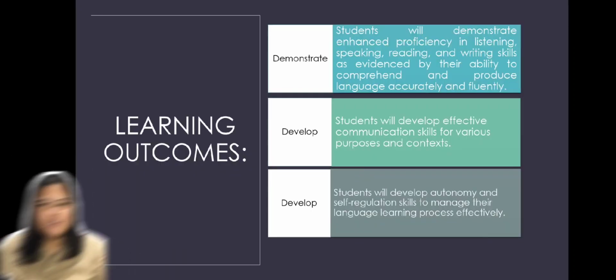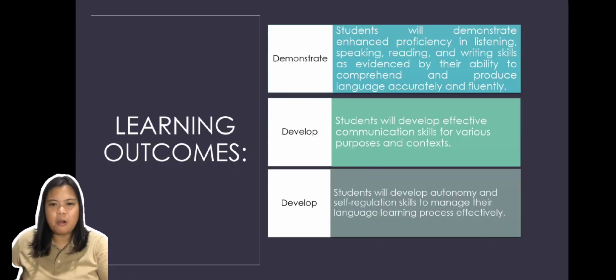So before we proceed to our proper discussion, let's have our learning outcomes for this topic. The first one is students will demonstrate enhanced proficiency in listening, speaking, reading, and writing skills as evidenced by their ability to comprehend and produce language accurately and fluently.